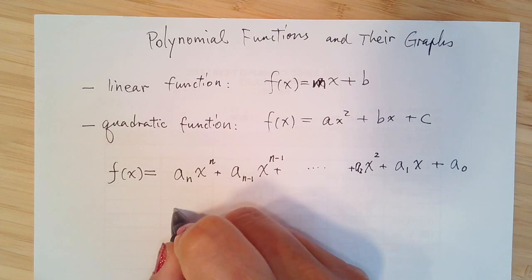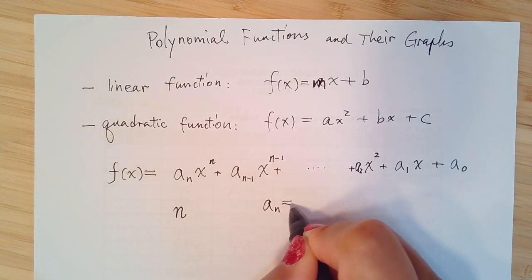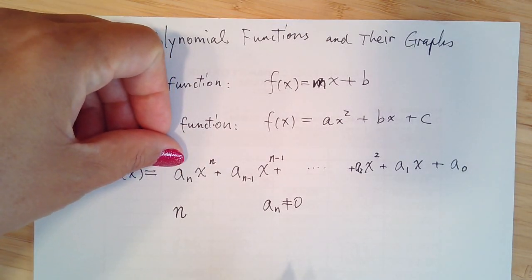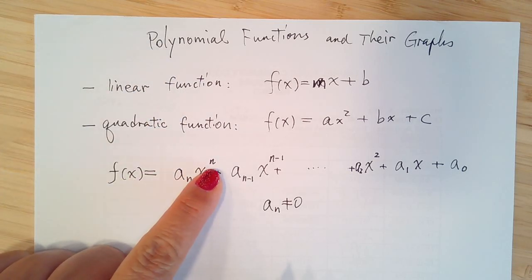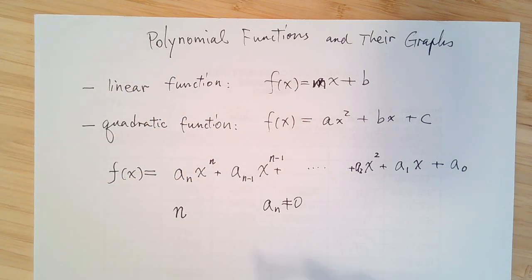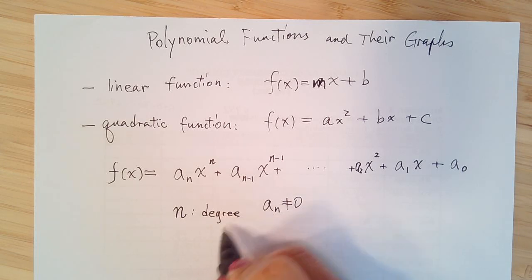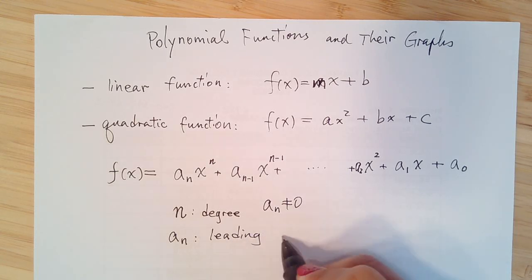Now, some concepts. This n: when a n is not 0, that means there's a non-zero coefficient for the highest degree term. So this n, the highest power, we call the degree. And this a n, we call the leading coefficient.